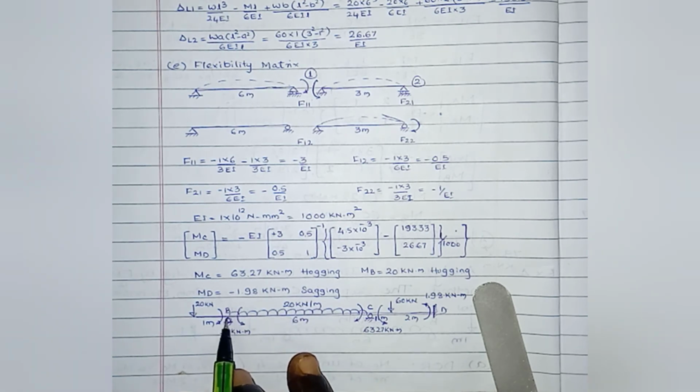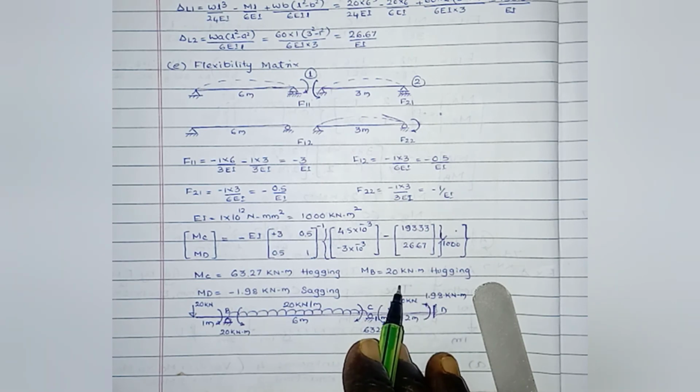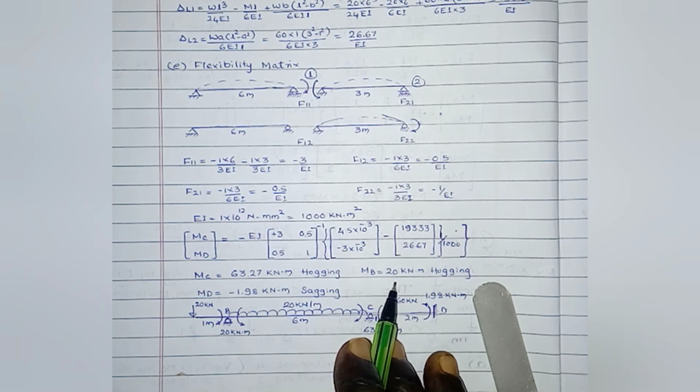In portion A to B, it is subjected to a moment of 20 kilonewton meter, that is 20 into 1. We have calculated the actual resisting moment at B, MBA, that is 20 kilonewton meter, hogging.